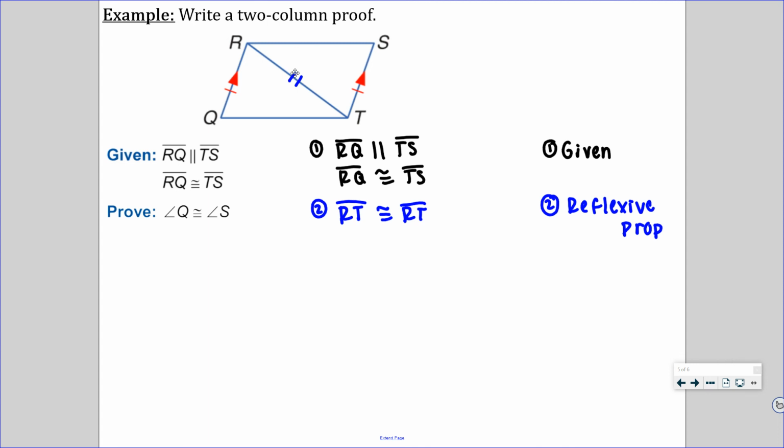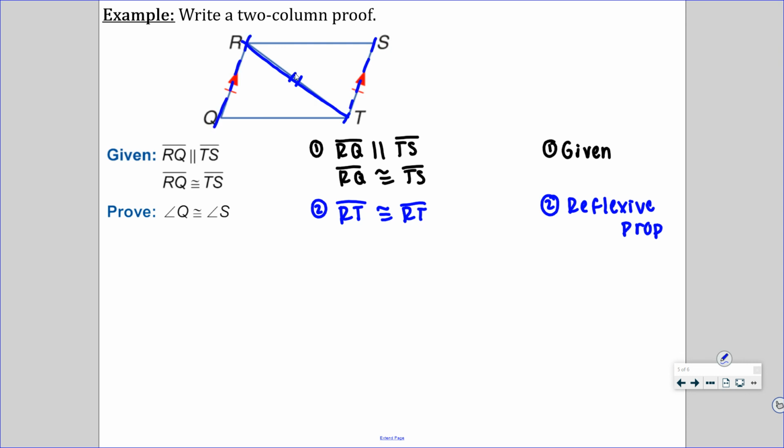Okay, so right now we just know two sides are congruent. So we either have to show the third side's congruent or we have to show these included angles are congruent. And these lines are parallel. Think of this as a transversal of these two parallel lines.